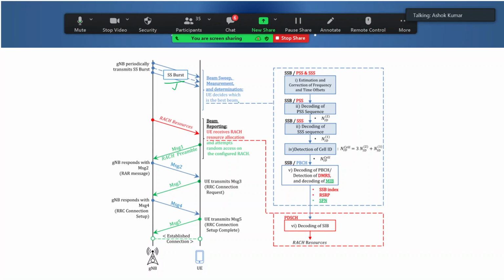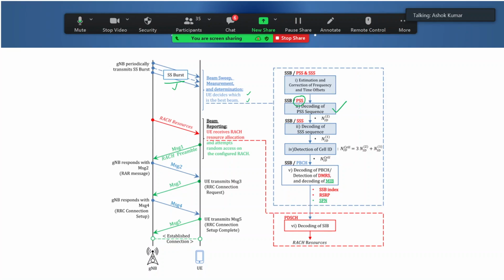And the UE is receiving this signal from various beams, but it decides which beam is best and receives that. Once it is able to receive the SS burst, the first thing it does is decode the PSS, the primary synchronization signal. It is a known set of sequences.